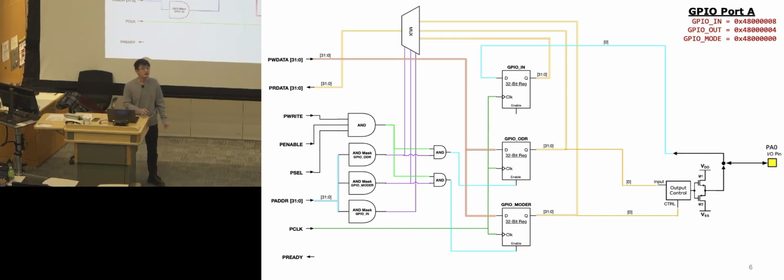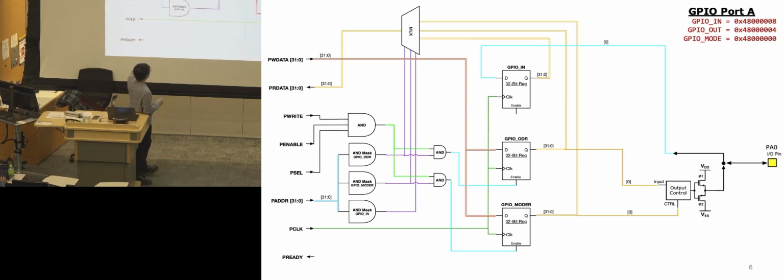What is the P-select for? The P-select pin is a signal sent from the core or master to all the peripherals to let them know which one is the chosen one.